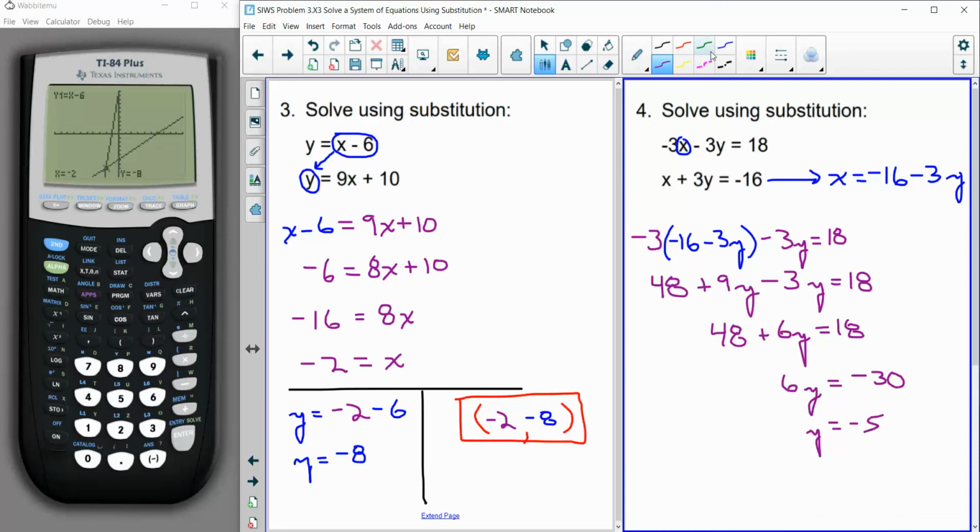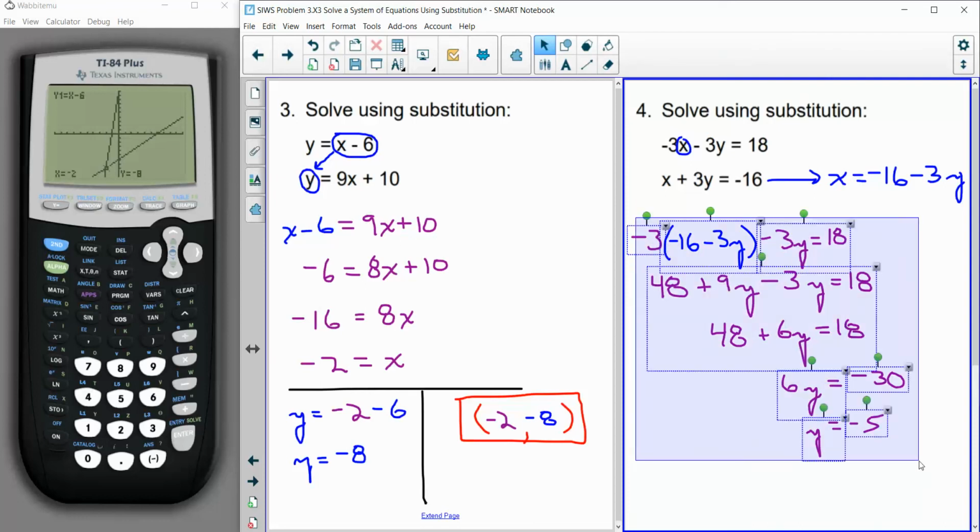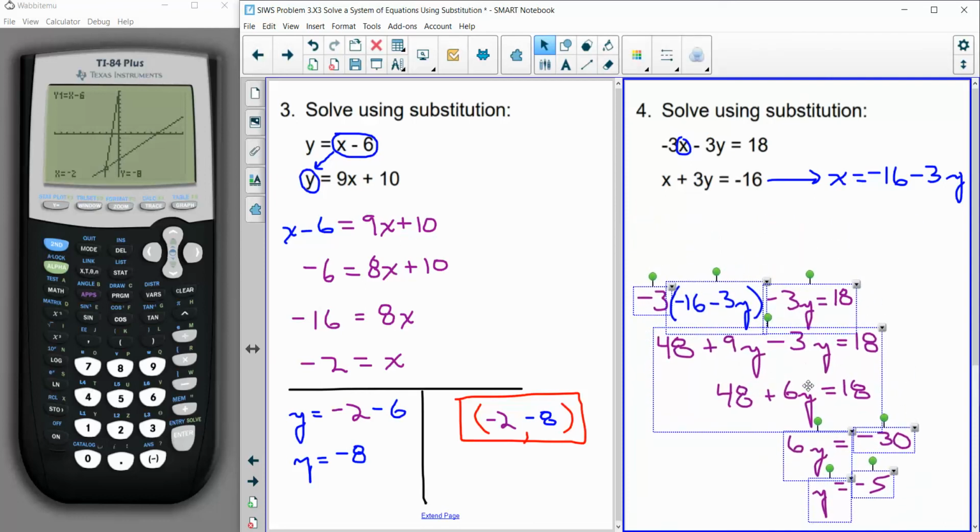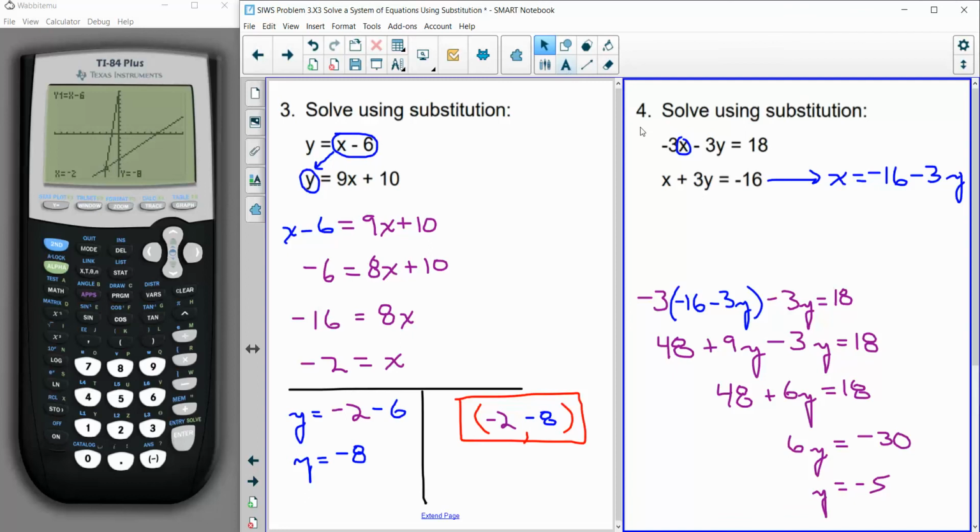Now that I know what y is, I'll move this stuff down a little bit here, give myself some room. Now that I know what y is, I can use y to figure out what x is. So I'm going to come back up here to this blue equation, and I'm going to say, okay, x is negative 16 minus 3 times y.